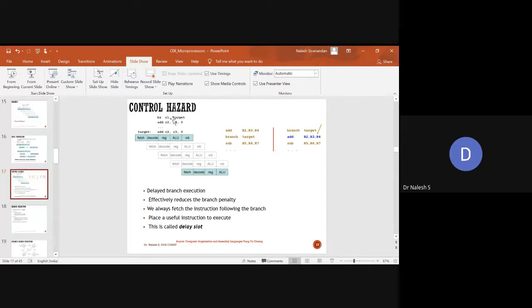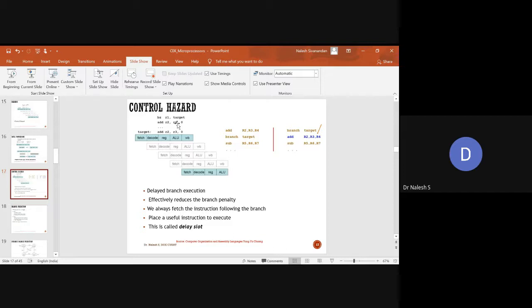If the next instruction is add itself, you have no problem. But if the next instruction as per the branch is the target, then you have a problem, because you have unnecessarily executed this, which might affect some output, and you have not executed the target. That means you are predicting that the next instruction after the branch is add.